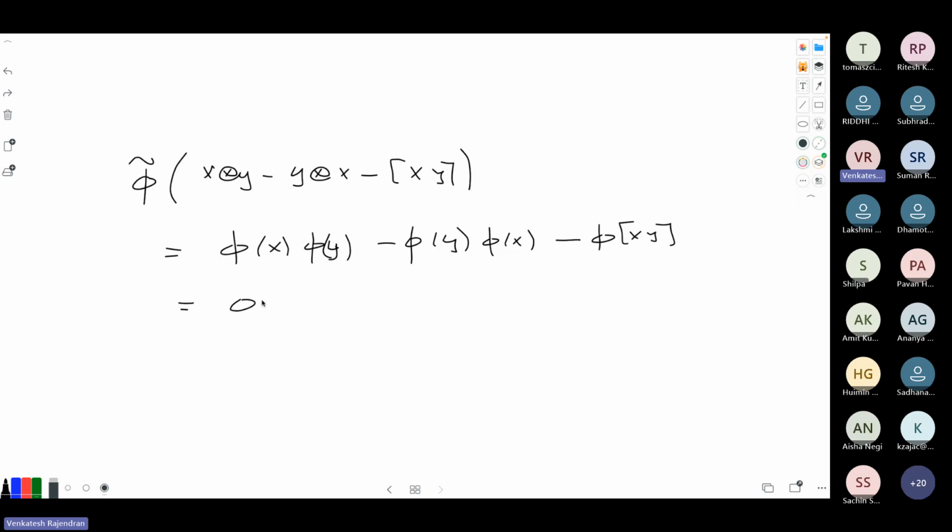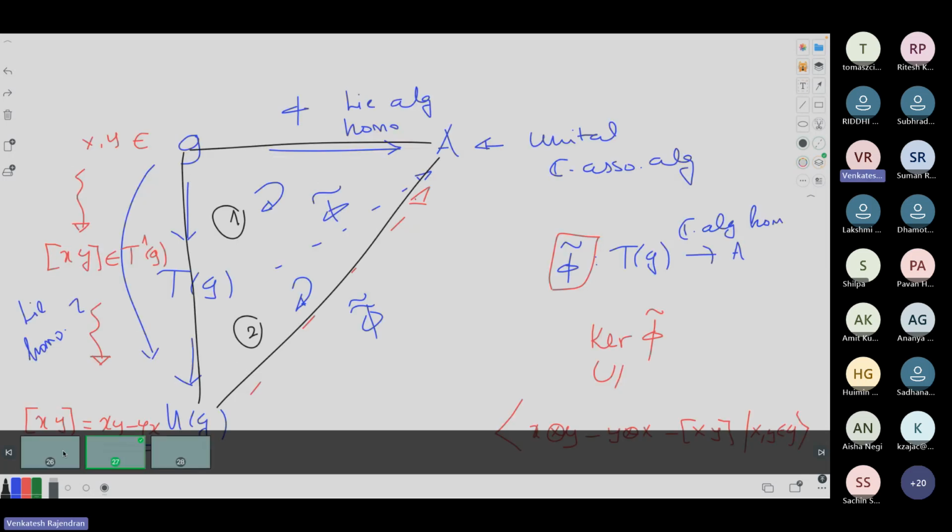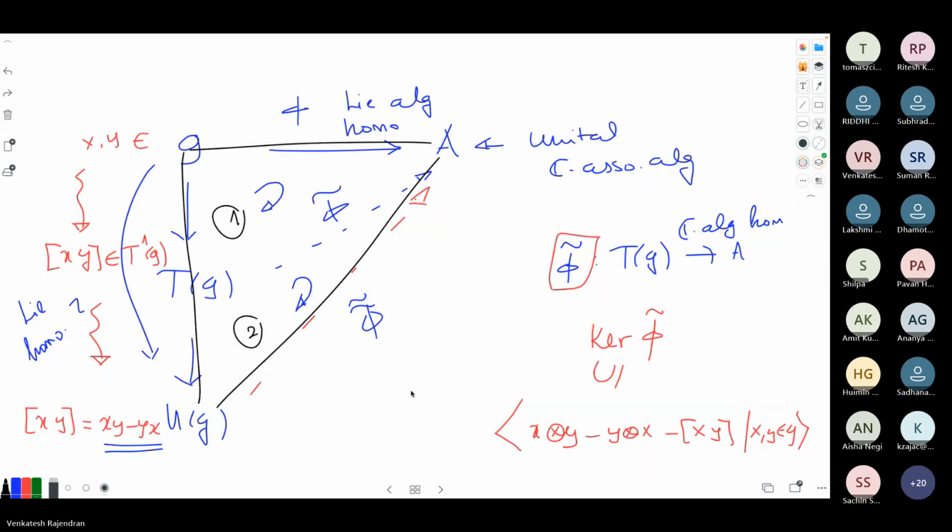So that proves that x tensor y minus y tensor x minus bracket xy lies inside the kernel. So we have this induced map, as we guaranteed. That proves the extension of this pi to UG to A.